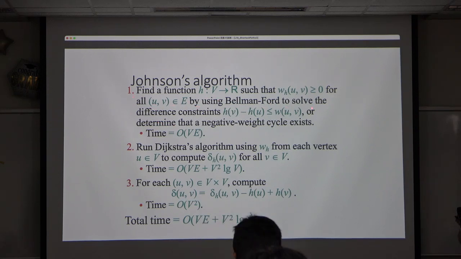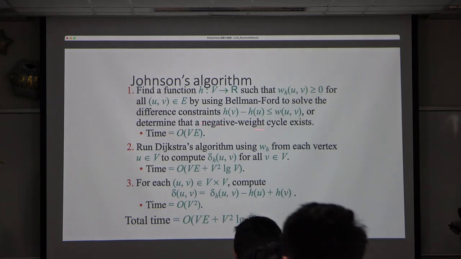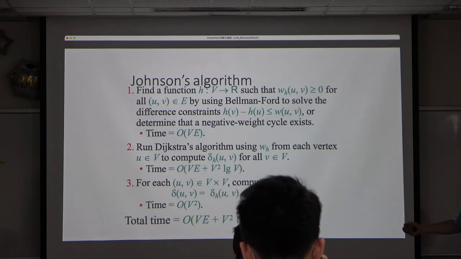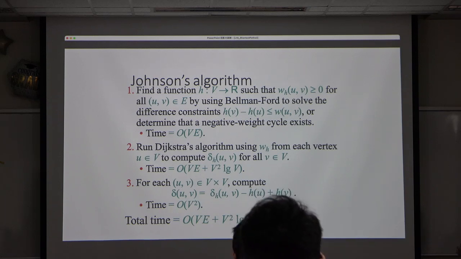And how much time does it take to solve this? Of course, this has to have no negative weight cycle. If there's a negative weight cycle, we cannot solve it, right? Is it possible to have a negative weight cycle here? It's possible.